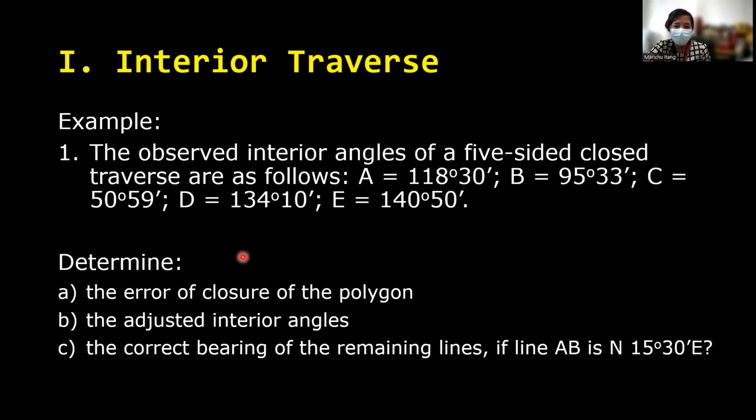Okay, so let's first solve for A and then B. To start the solution, you just copy all the observed angles A, B, C, D, and E. Then we take the sum, and check if it's really 540 degrees, 0 minutes, and 0 seconds. If not, we need to determine the error of closure.